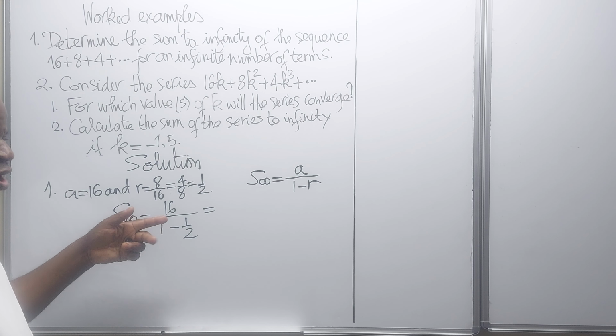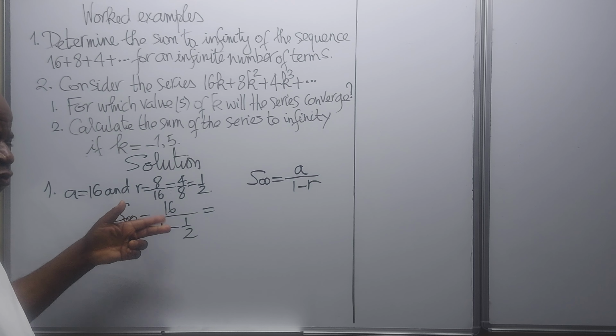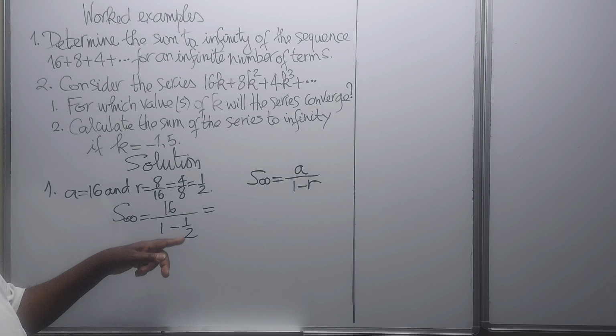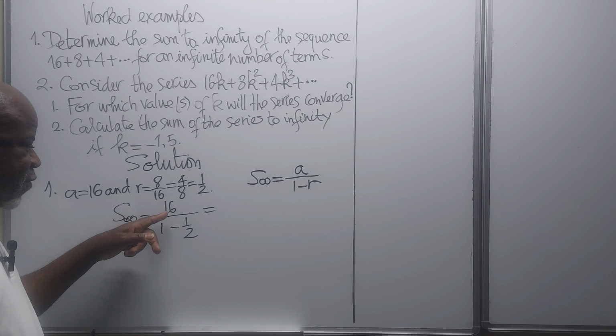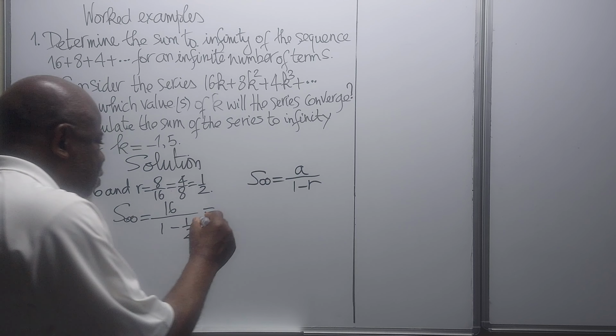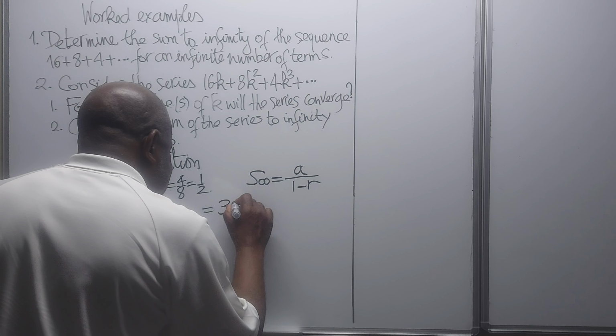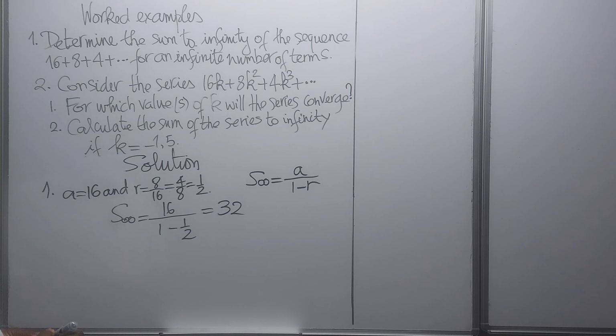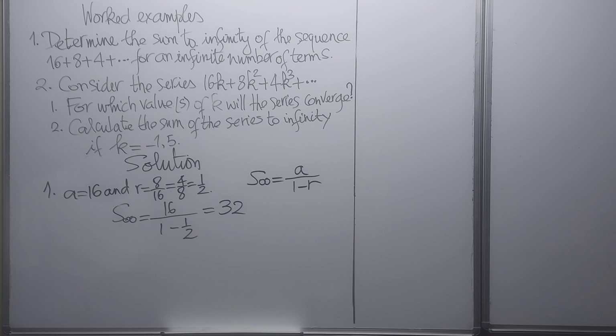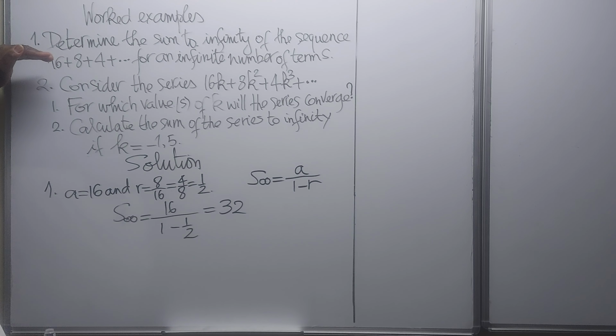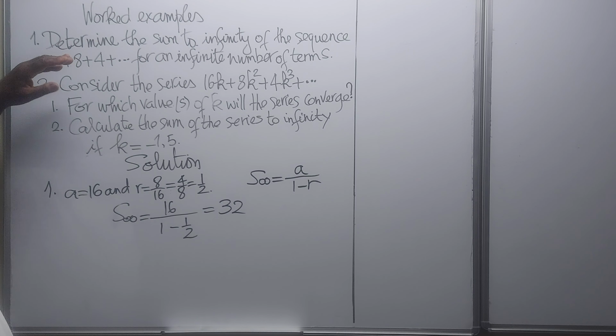Remember, when we are dividing two fractions, you multiply the first one by the second one reversed. So 16 over 1 over 2 gives us 32. So this is the sum to infinity of this first sequence.